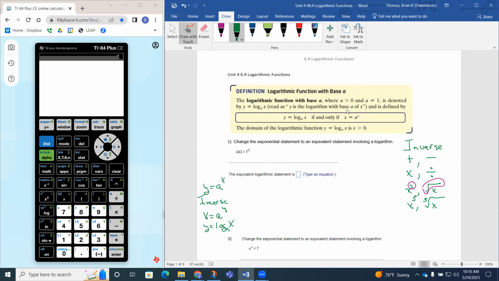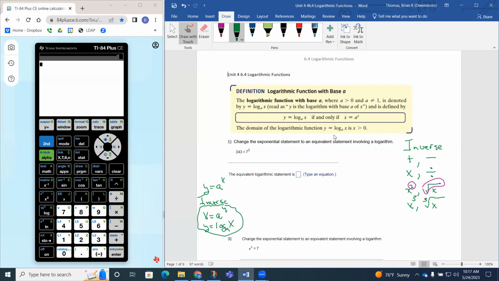I read it a little bit differently: y equals the log of x base a. This is a logarithmic expression. This is true if and only if x equals a to the y. Notice how I had that going on over here as well.